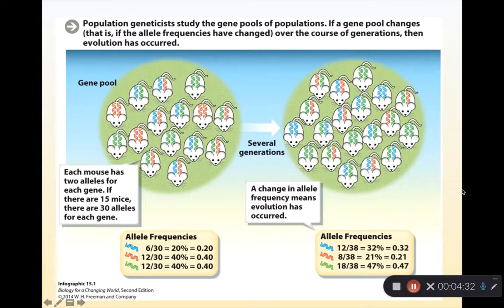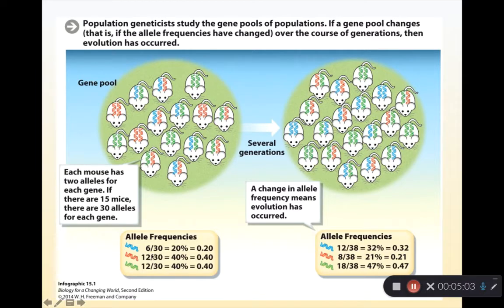So let's look at that in terms of a figure. Here we have a gene pool, and within that gene pool we have lots of different mice, and each mouse has two alleles. Again, an allele is a variant of a gene, and we're going to go into this more in our genetics unit, but for now, it's enough to know that it's a variant of a gene, and that two alleles code for one gene. So if there are 15 mice, there are 30 alleles for each gene.